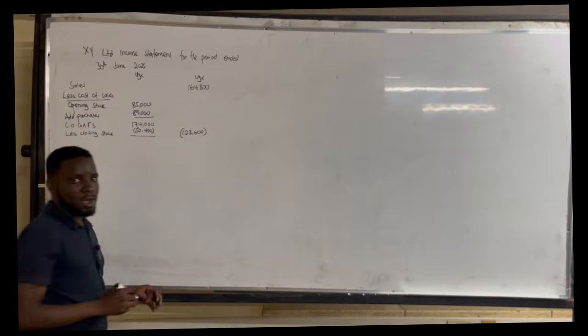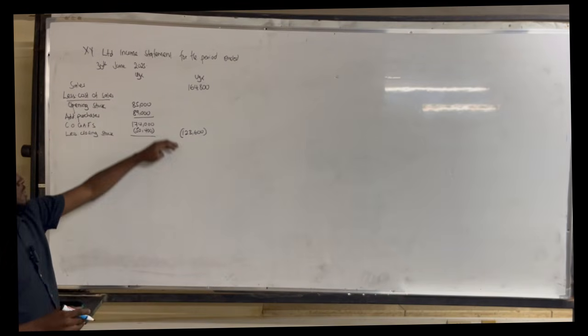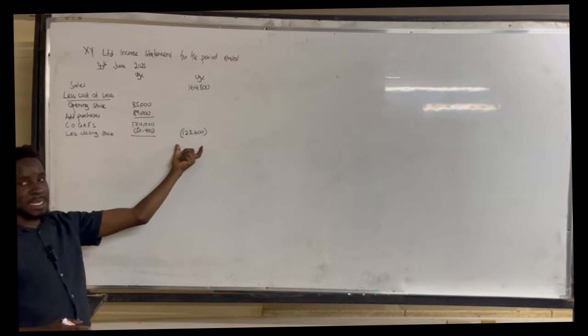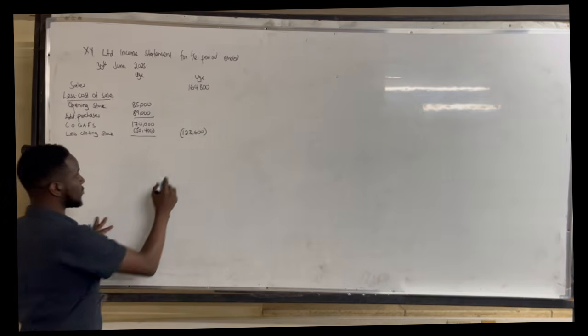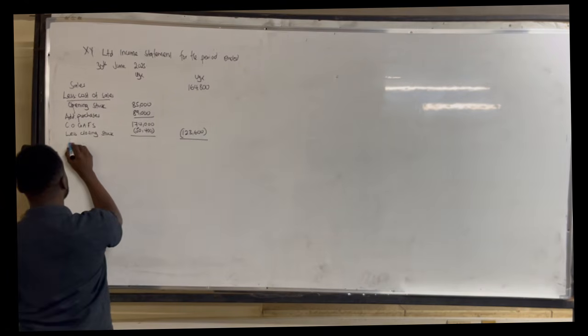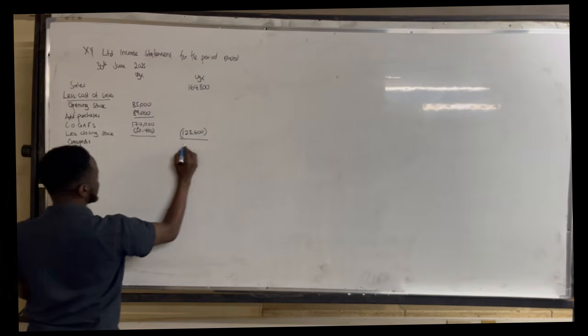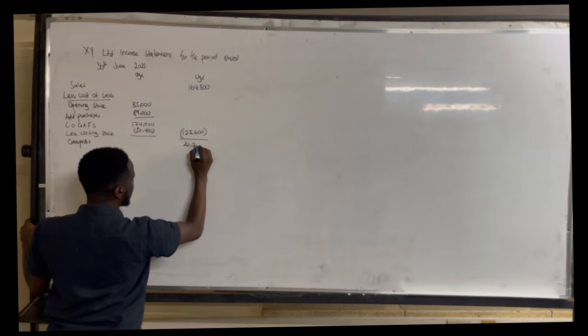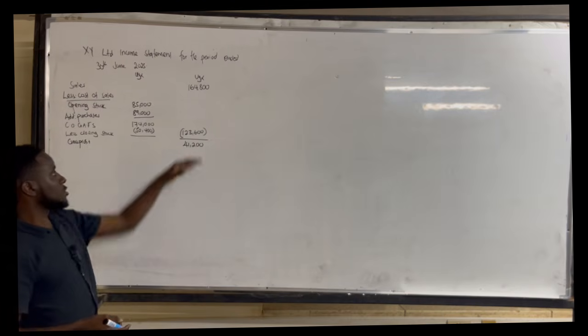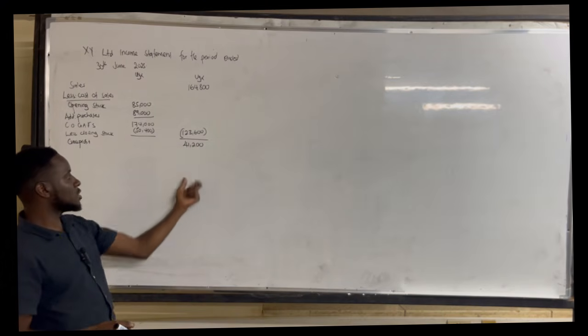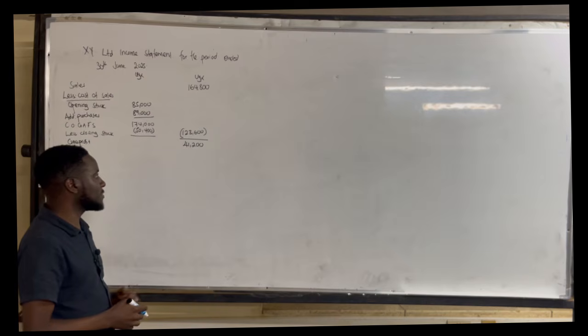So this is our cost of sales. Now we are going to get our net sales minus our cost of sales to get the gross profit. So our gross profit is going to be 41,200. So once you subtract the cost of sales from the net sales, we are getting our gross profit as 41,200.